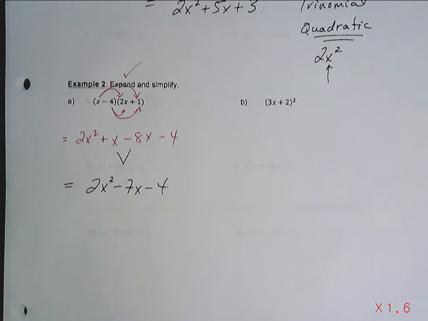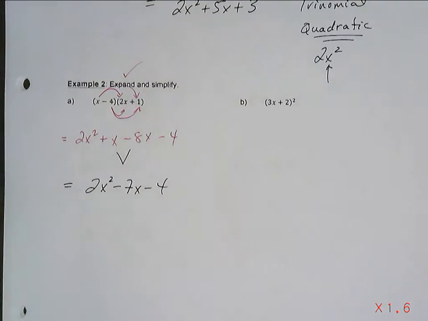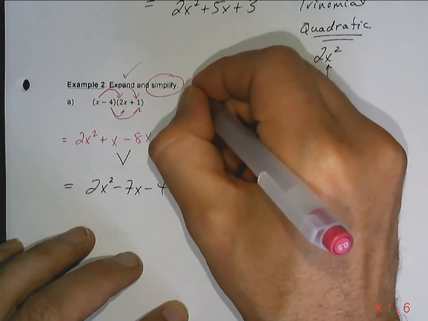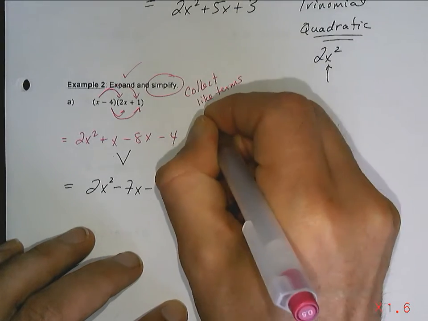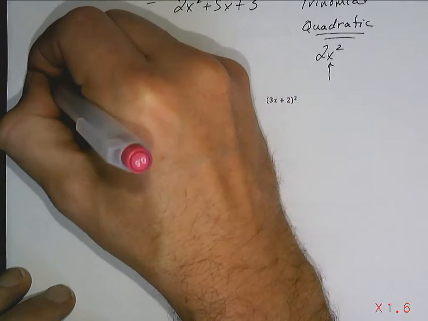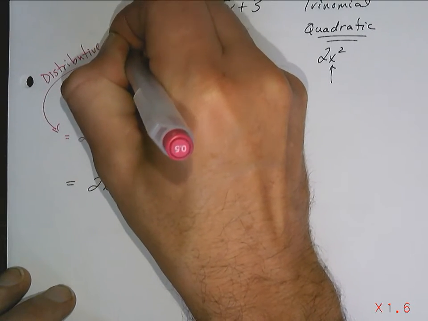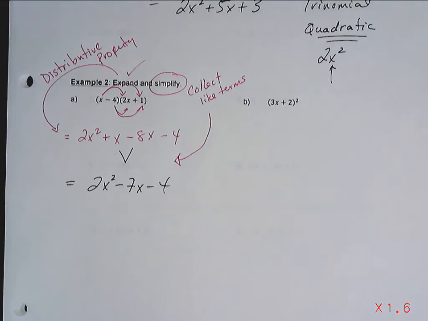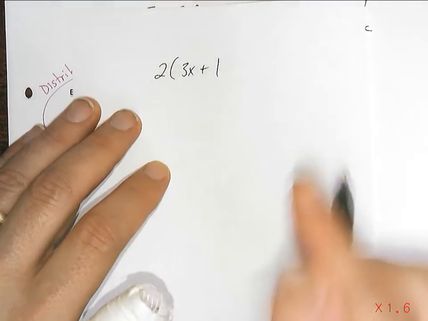Isn't that cool? So the first part was expanding. That's the distributive property. And the simplifying part is collecting like terms. And that was what I did here. And this part, the expand part, is the distributive property. Now, I want to call your attention to something with the distributive property. You've been doing the distributive property. Let me show you something. 2 times 3x plus 1.